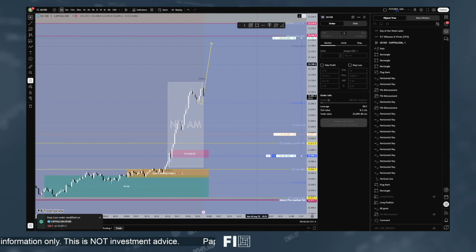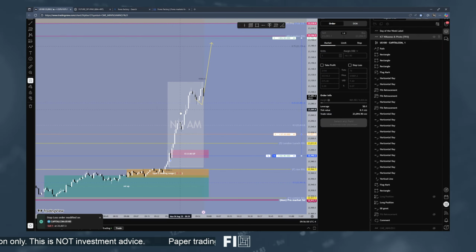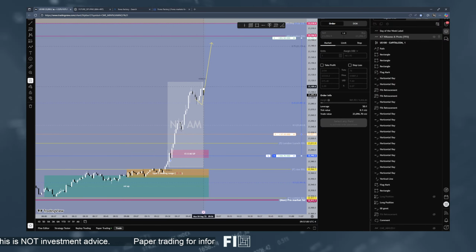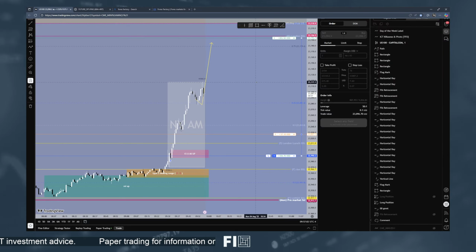If this was a multiple contract position, as soon as I had made this retracement here and it traded back up again, I'm taking a partial there.